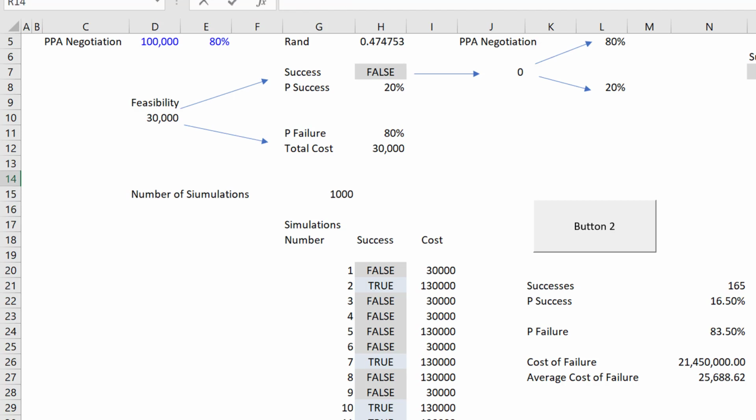Okay, let's put that up here, and then let's put the probability of success, and put this over here, and then we compute our total loss.